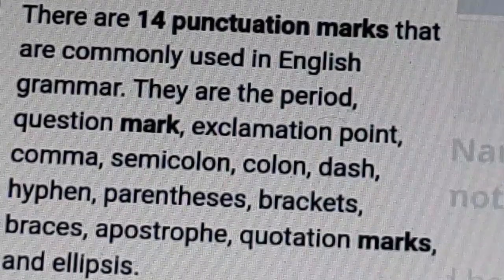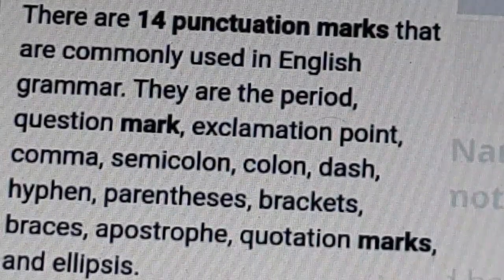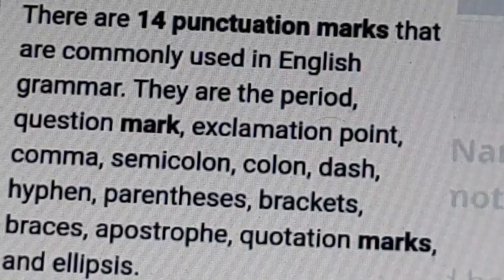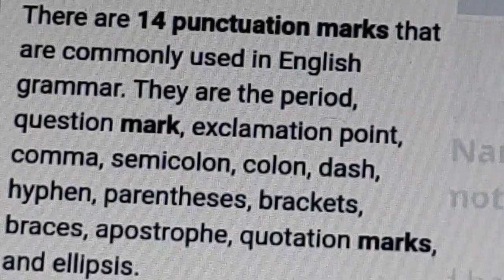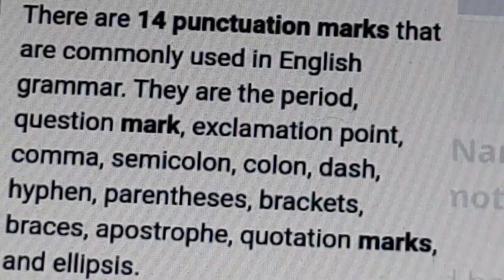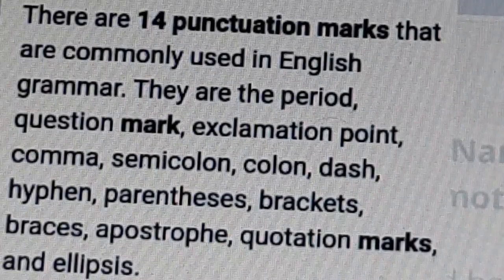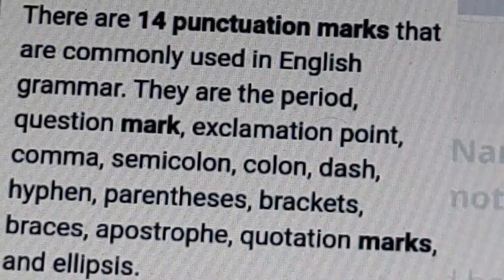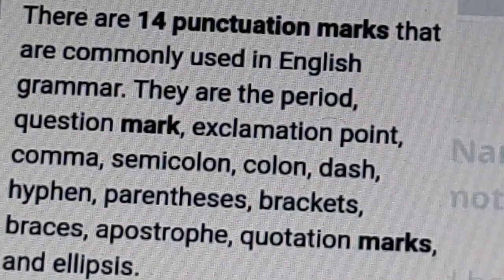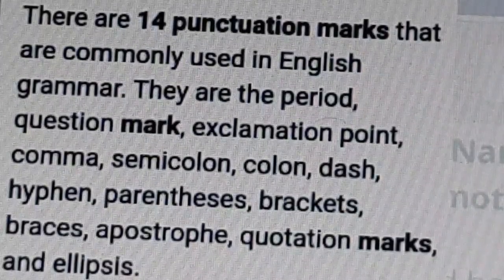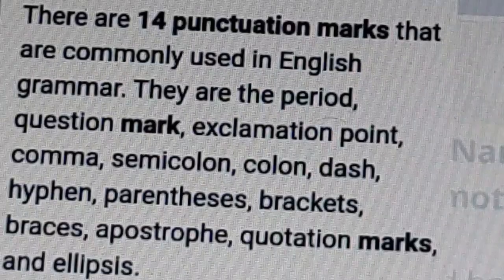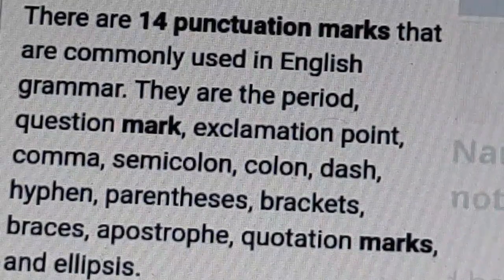Once again I tell you, they are the period, question mark, exclamation mark, comma, semicolon, colon, dash, hyphen, parenthesis, brackets, braces, apostrophe, quotation marks and ellipses.